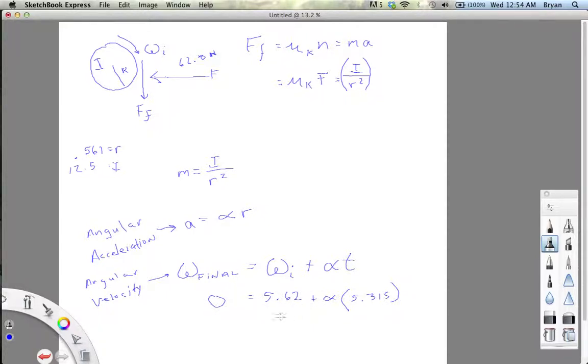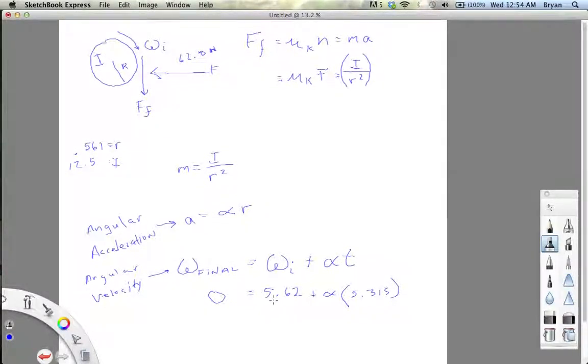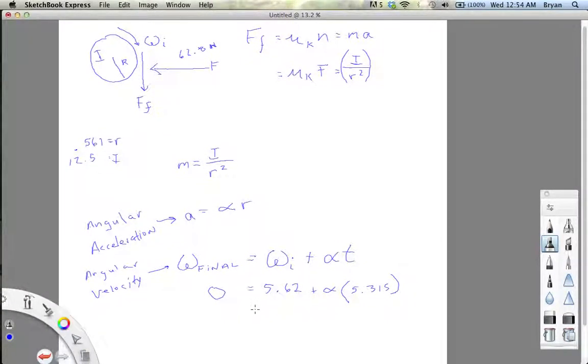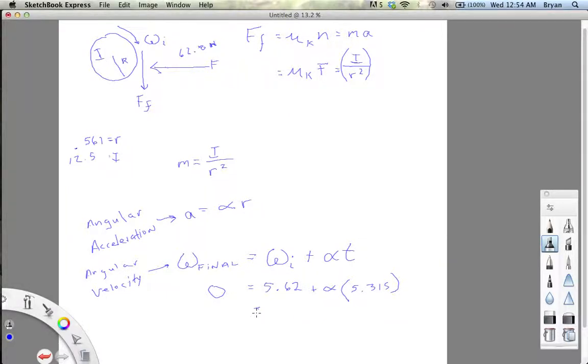So it's just essentially algebra now. You solve for alpha. And my answer was 0.3129. I believe so.